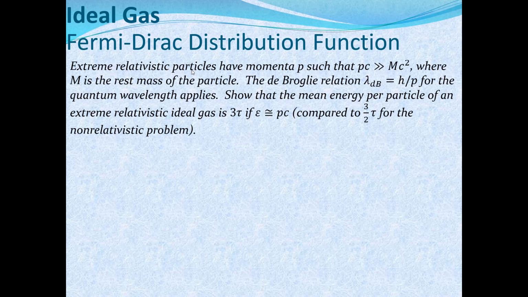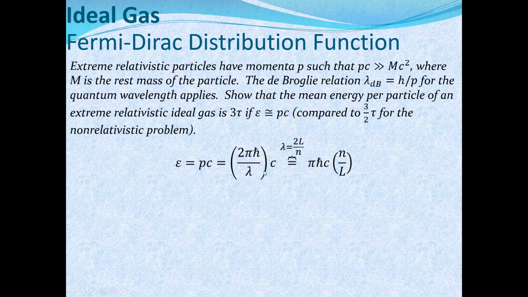All right, so what we're going to do here is they tell us that they want us to show that the average energy per particle is going to be equal to 3 tau, if the energy is approximately equal to pc, p being the momentum of the particle.